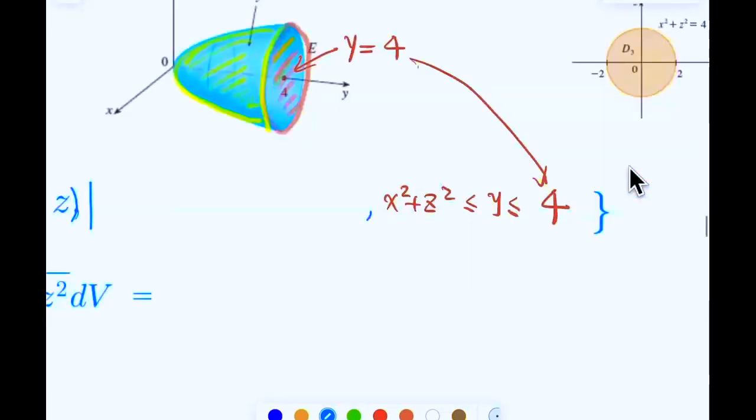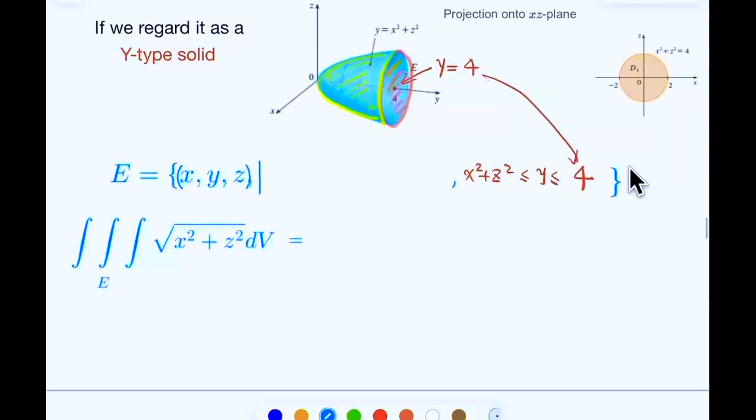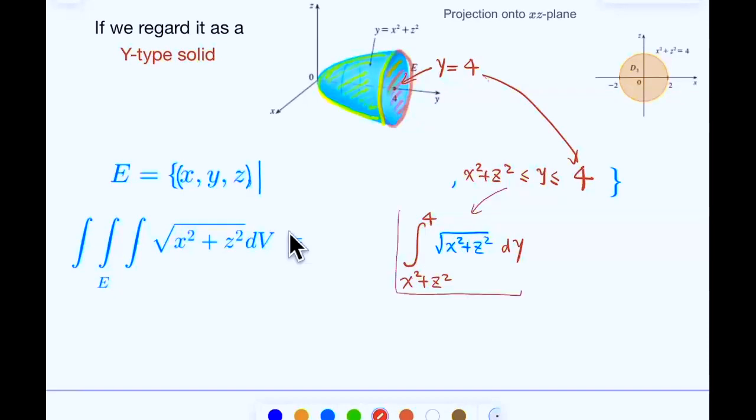So let's write down this triple integral of this function over the solid and put the innermost integral first. So the innermost integral will be the integral of the function that was given, and then dy, right? Because y goes from x squared plus z squared to 4. So that will be the innermost one, right? So you got this one first.